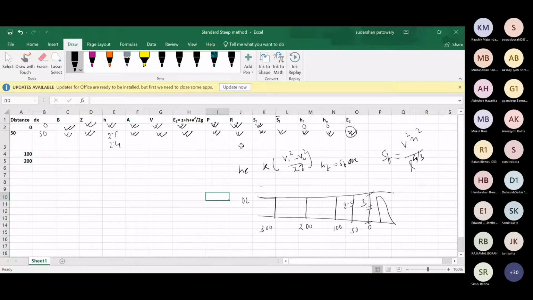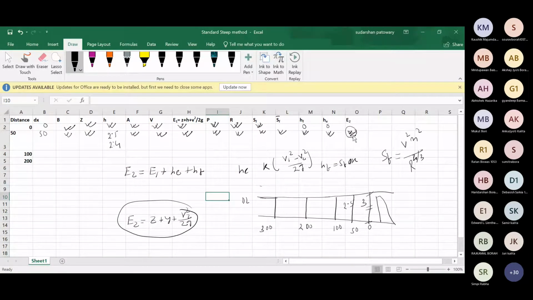Now you have to say whether, see, just forget about your H2, H1. I am writing this as E2 is equal to E1 plus Hc plus Hf. E2 you calculated by this formula. One formula is Z plus Y plus V square by 2g. From this formula you have calculated E2. This E2 is here.